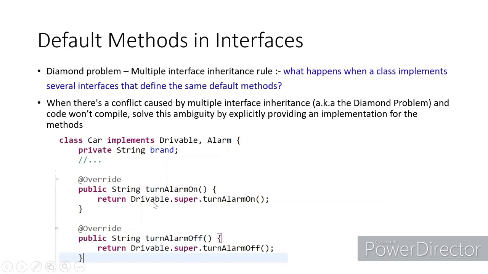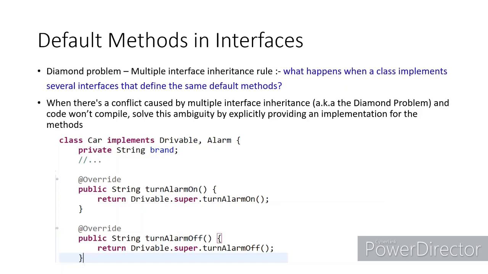Suppose I want to call the Drivable interface's turnAlarmOn method, I will say Drivable.super.turnAlarmOn. If I want the method of the Alarm interface instead, I will simply say Alarm.super.turnAlarmOn. So it's up to you which one you want to call. If you don't want to call any base implementation, you can go ahead and provide your own implementation also.